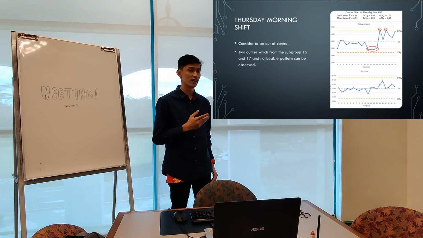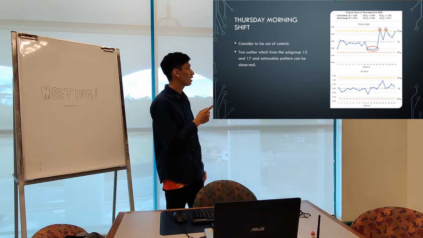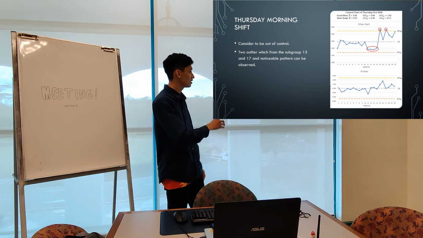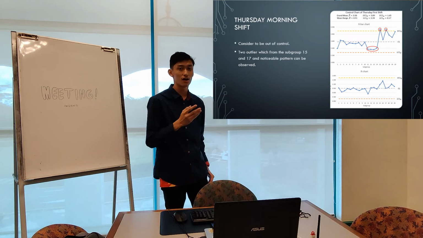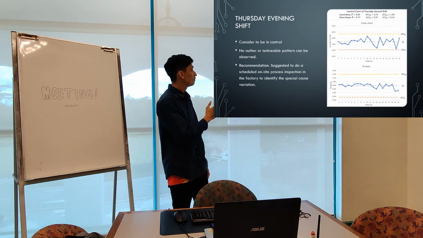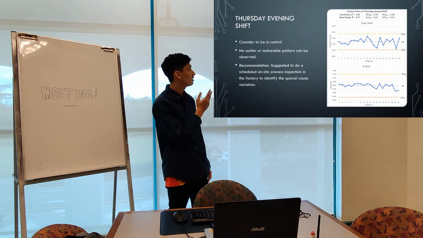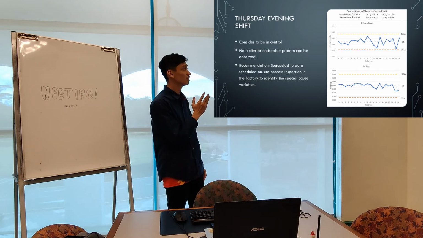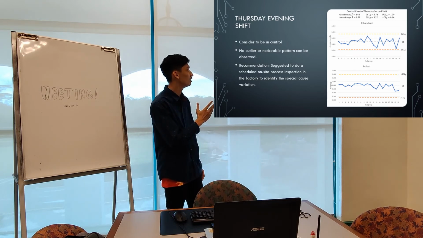Taking an example from the Thursday data, we can see in our control chart that there are two outliers, from group 17 and group 15, which shows that our production process is out of control. Meanwhile, for Thursday evening, we can say that our production process is in control, as there is no outlier shown in the control chart.